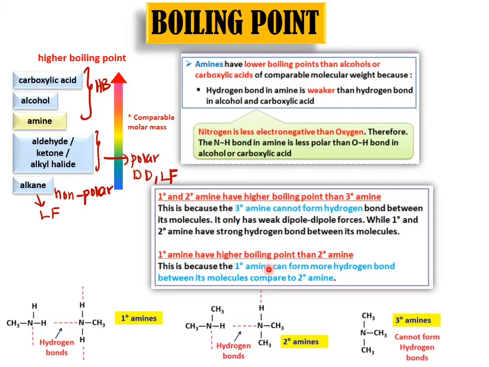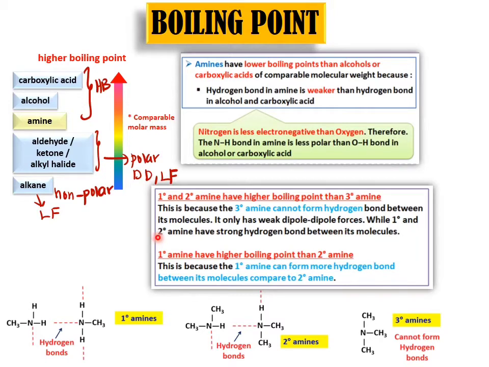So it only has weak van der Waals forces, or actually it has dipole-dipole forces because it is still a polar molecule. While primary and secondary amine have strong hydrogen bond between its molecules. Between its molecules here, not between water.